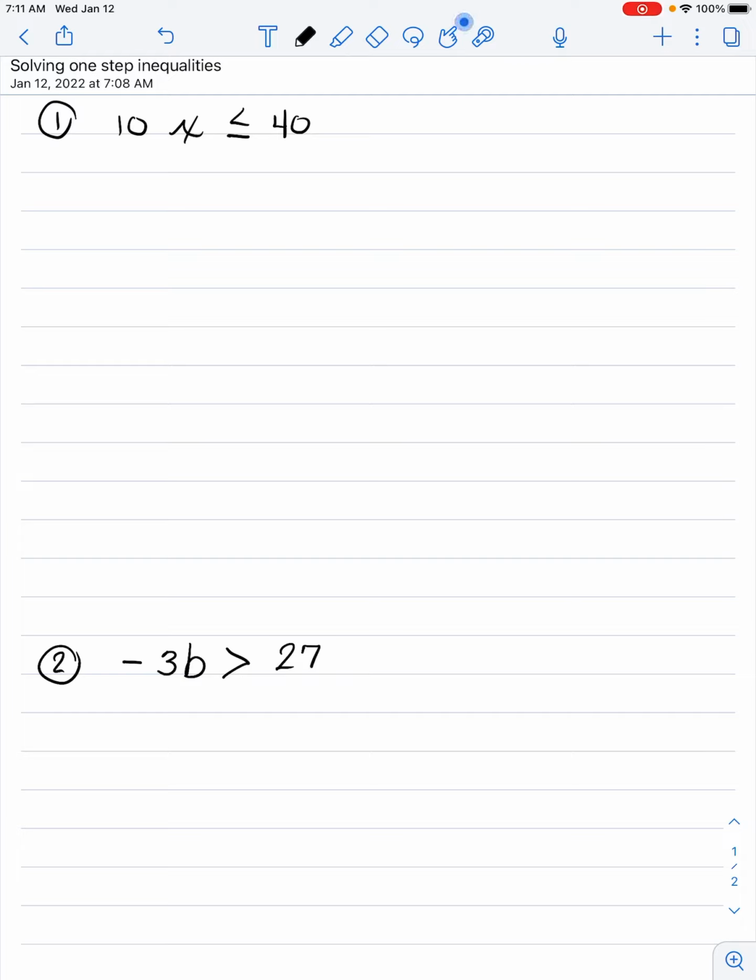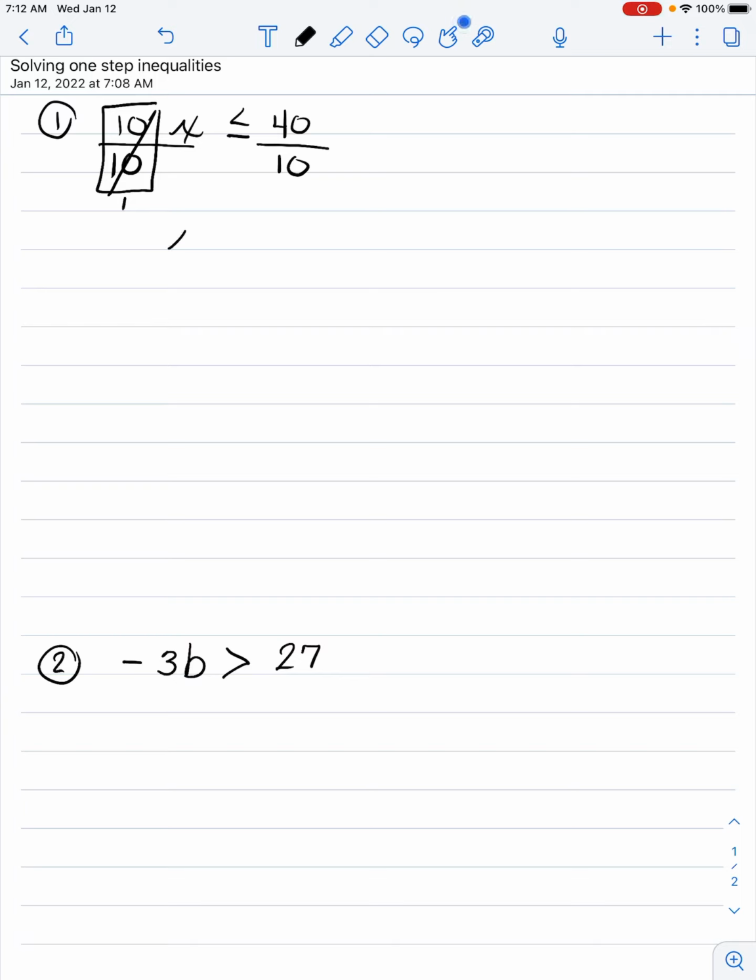40. And obviously I want my inequality to isolate the variable, so I'm going to divide by the coefficient of the variable. I'm going to divide both sides by 10. The 10's here, 10 over 10, is going to cancel out because they equal 1.